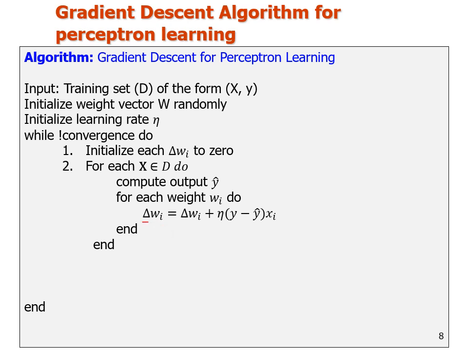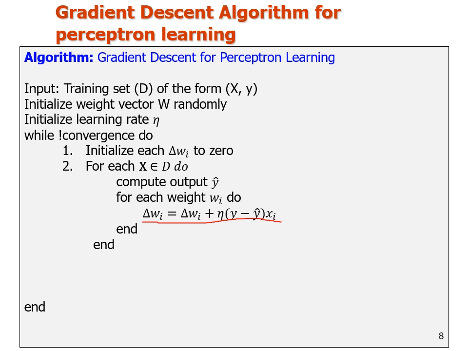Delta wi is equal to the old value of delta wi plus eta times y minus y hat, that is the error, into xi. Xi is the respective input to the perceptron for that particular training example x. So for each weight wi, we are computing this delta wi for the given sample x.